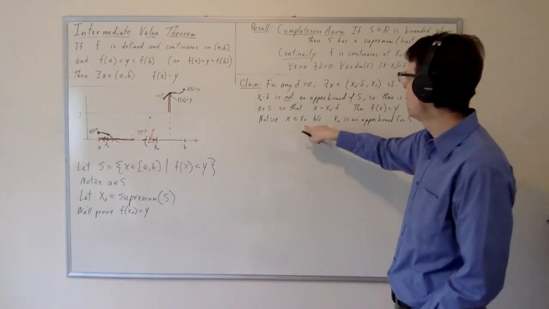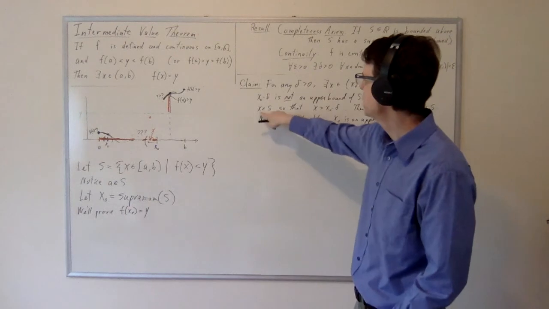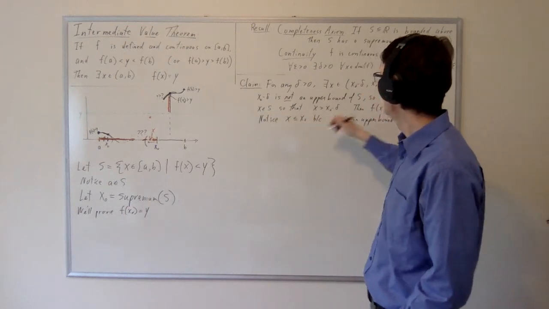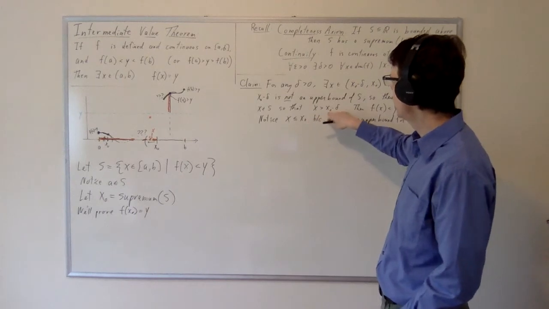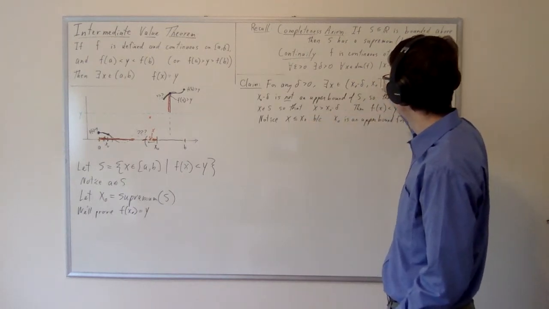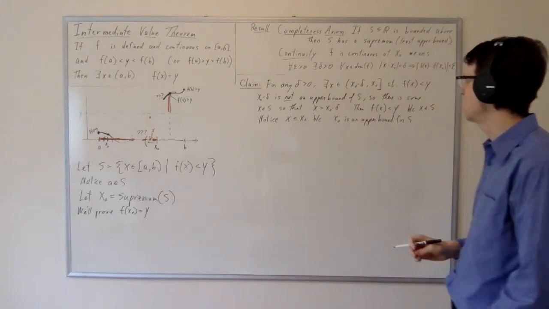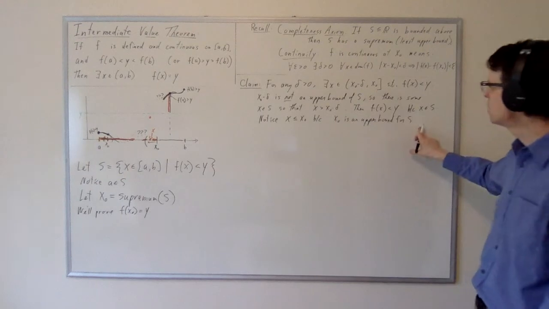If it's an upper bound for S, then it must be greater than or equal to every element of S, and x was an element of S. So actually, I know that x is going to be somewhere greater than x naught minus delta and less than or equal to x naught. So this should have been that kind of bracket there. So I'm revising my claim slightly.